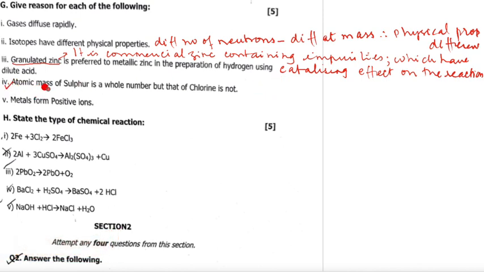Number 4. Atomic mass of sulfur is a whole number, but that of chlorine is not.